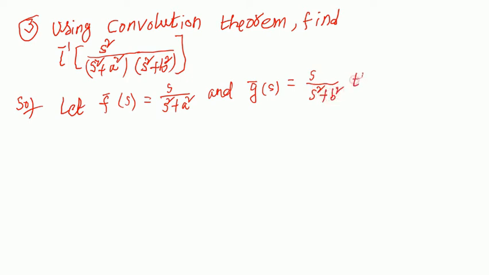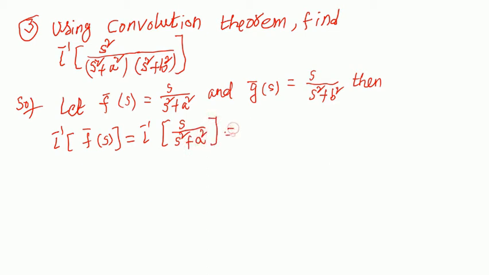Then you can find f of t and g of t value. Then L inverse of f bar of s, L inverse of s by s square plus a square. So what is L inverse of s by s square plus a square value? Cos at.